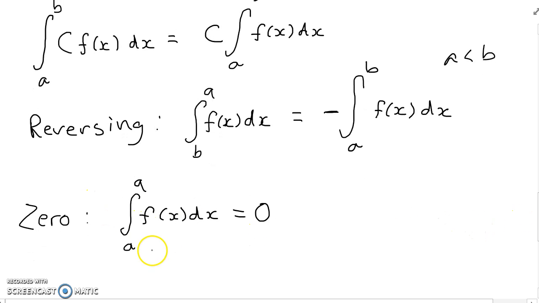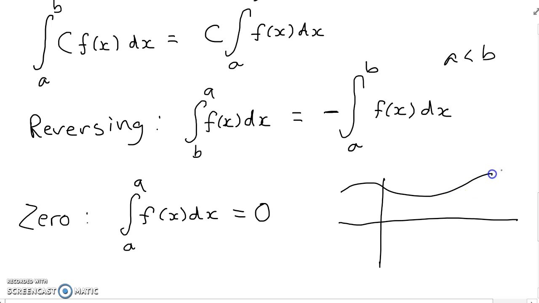And for zero, when you're evaluating the integral from a to a or b to b, it always equals 0. This can be shown because if we have a graph and we're trying to find the area from a to a, you actually haven't gone anywhere, so this area is going to be 0, because a minus a equals 0.